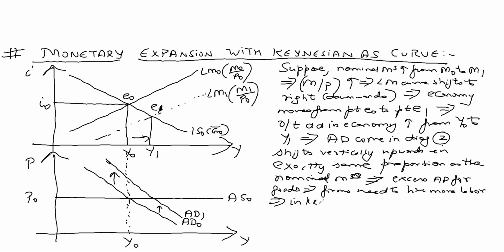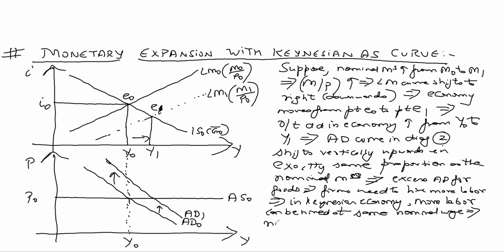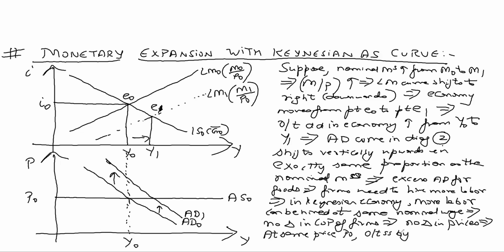In the Keynesian economy, more labor can be hired at the same nominal wage, which implies no change in cost of production of the firms, which implies no change in prices, which implies at the same price, P0, output supplied by the firms.